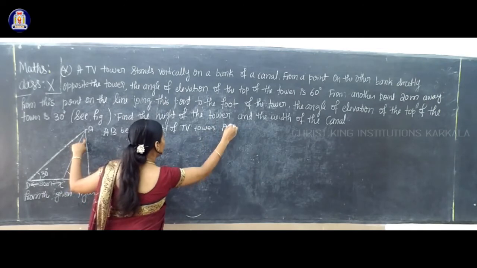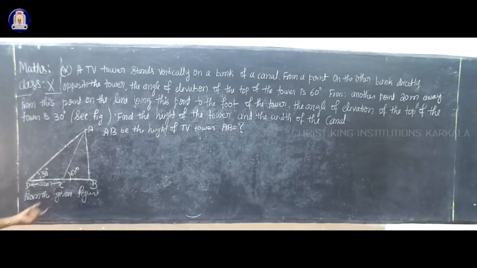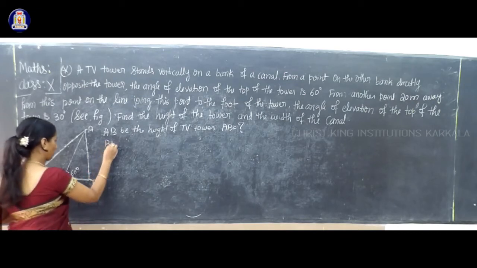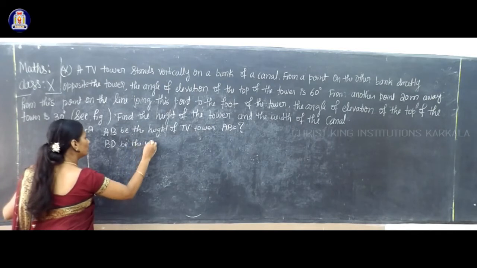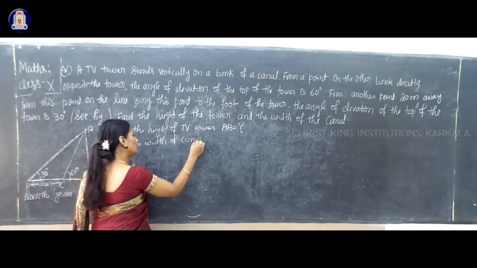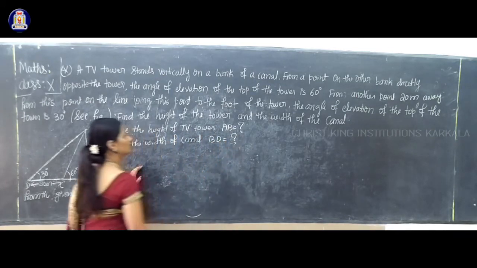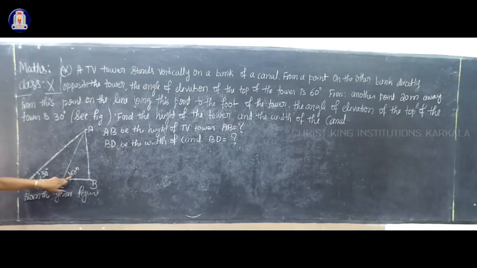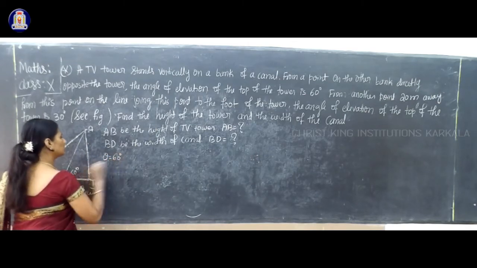So AB is equal to question mark. Next, BD is the width of the canal. That is also question mark. Theta is equal to 60 degree.